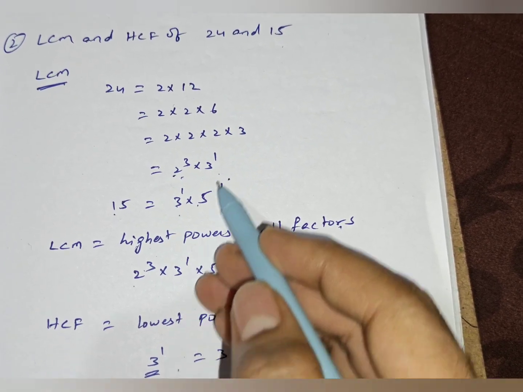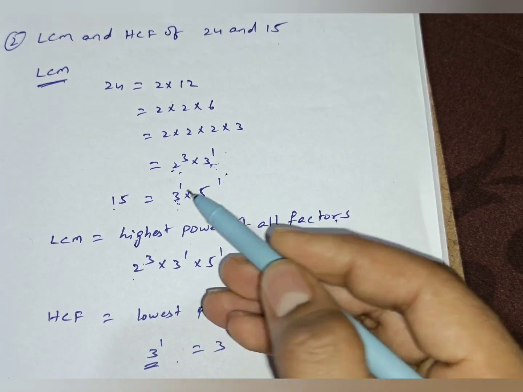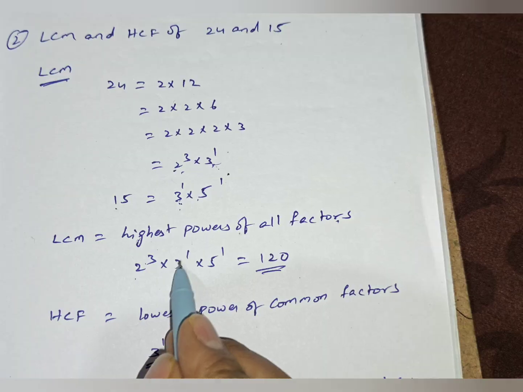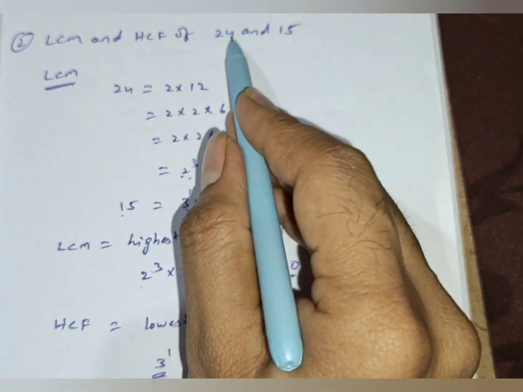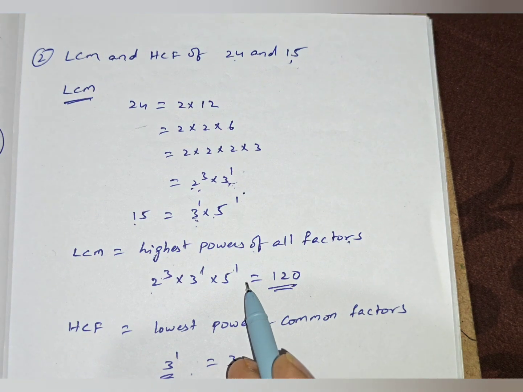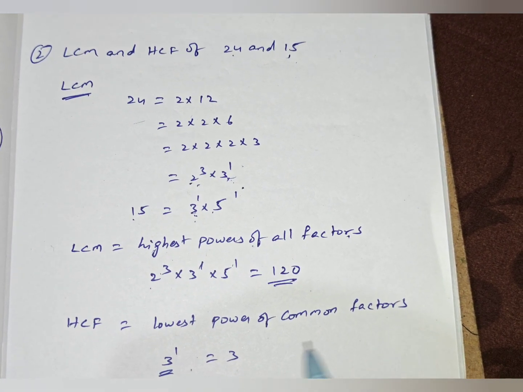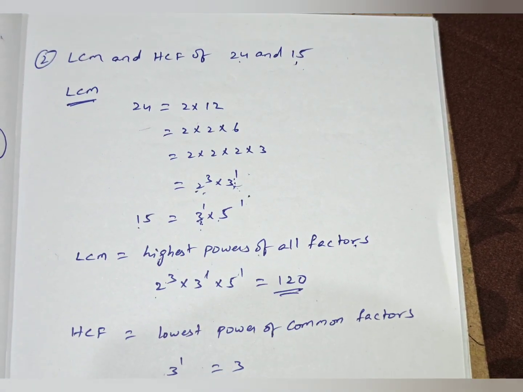Remember one thing: if there is any common prime factor, you take the highest power only once, not each and every time. So 8 into 3 into 5 is 120. The LCM of 24 and 15 is 120, and the HCF is the lowest power of the common factors, that is 3 power 1. This is the only common factor, so it is 3.